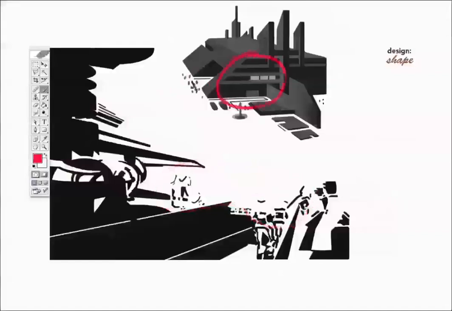I indicated a pattern here, and he indicated a pattern of lines here. This shape has obliques, or diagonals, and Syd Mead's shape has diagonals, or obliques.